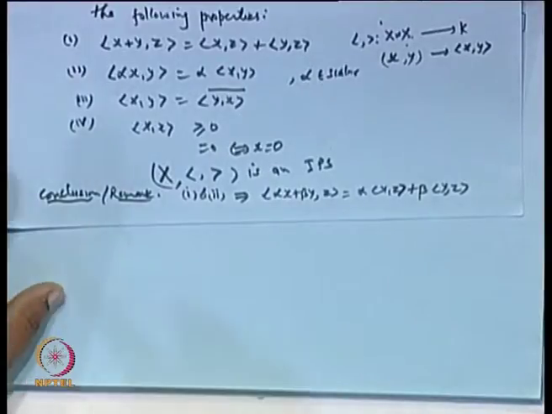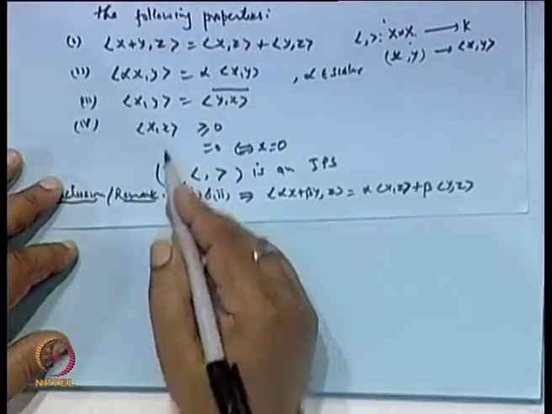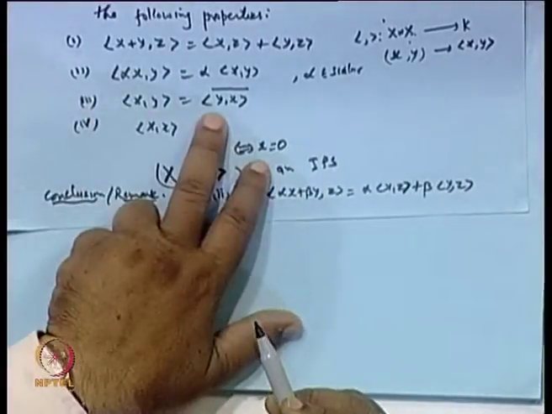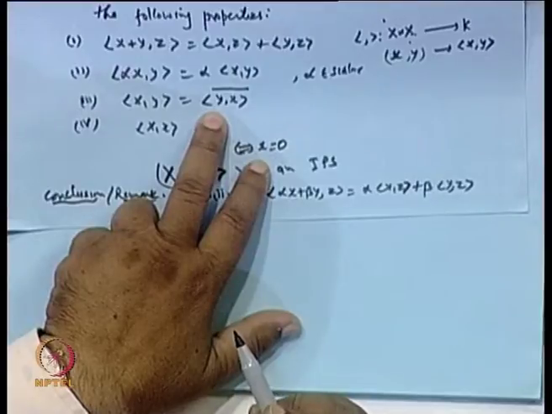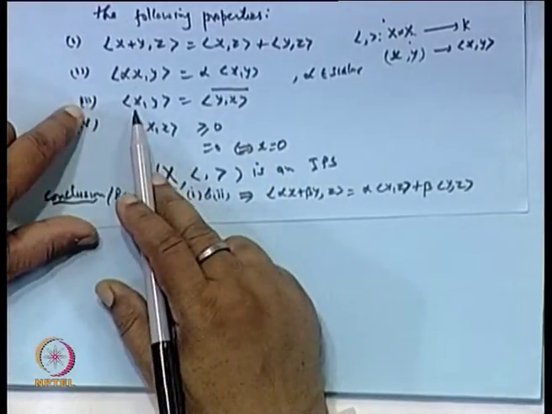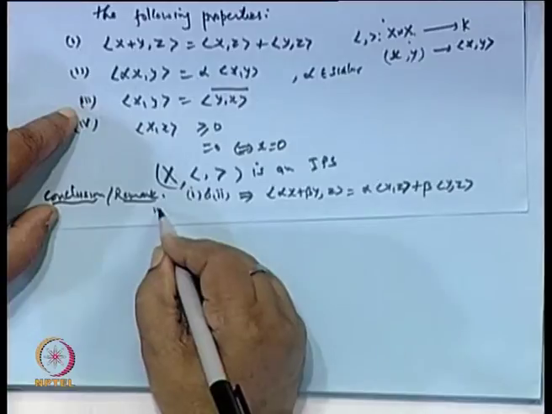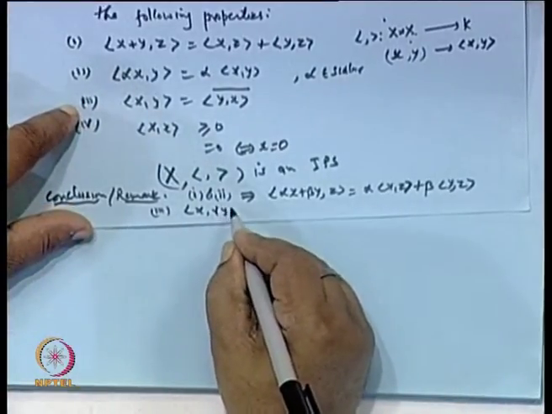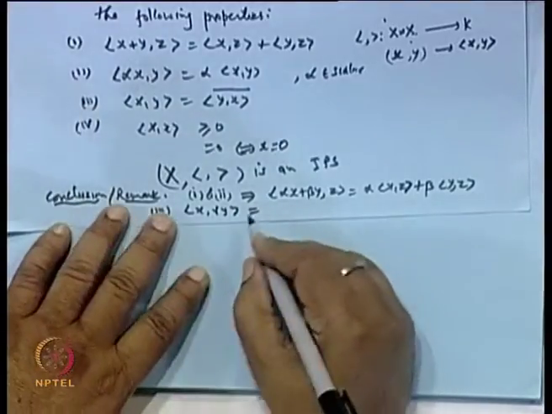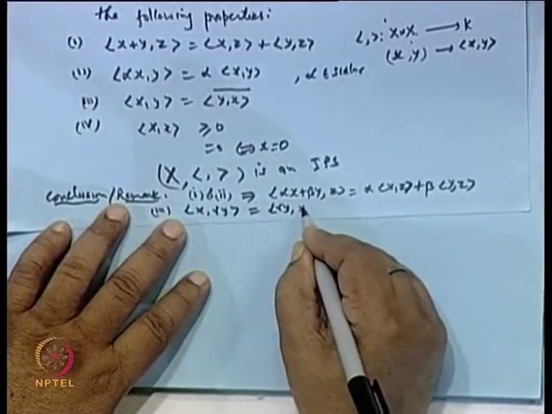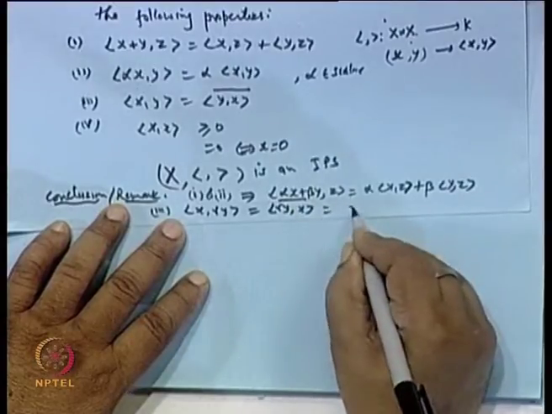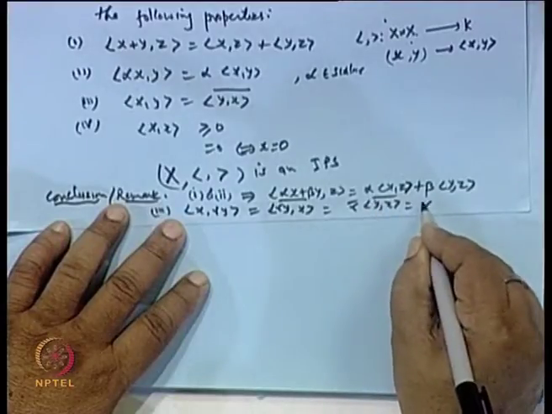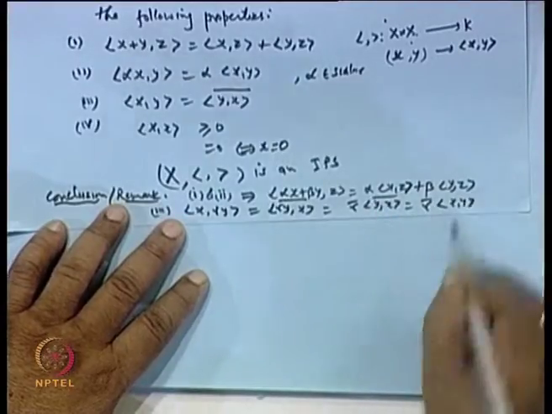Clear? If I take the third condition, then the third shows that inner product of (x, gamma y) equals (gamma y, x) conjugate, which is equal to gamma conjugate times (y, x) conjugate, which is gamma conjugate (x, y).